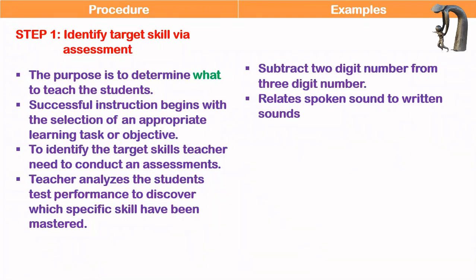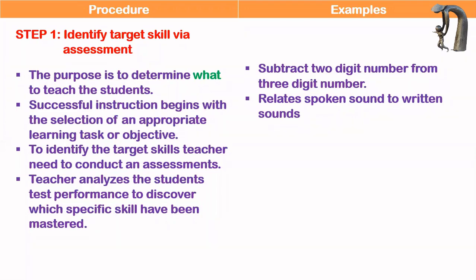That might be a specific objective you have selected in mathematics to teach the child. Or it can be relating a spoken sound to the written sound. If it is A, whether the child is relating the sound A. So this is what my target is. It can be in any subject, not only mathematics.